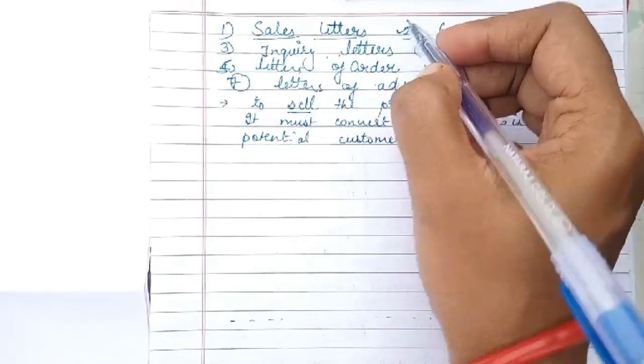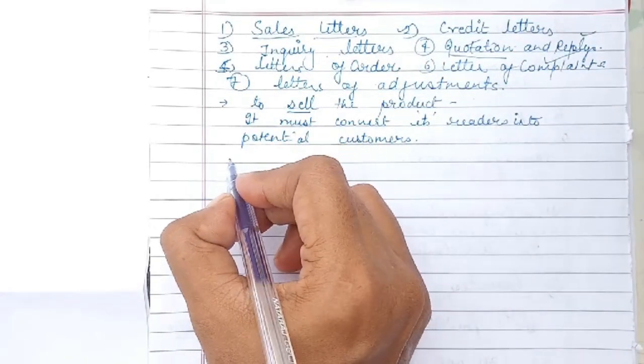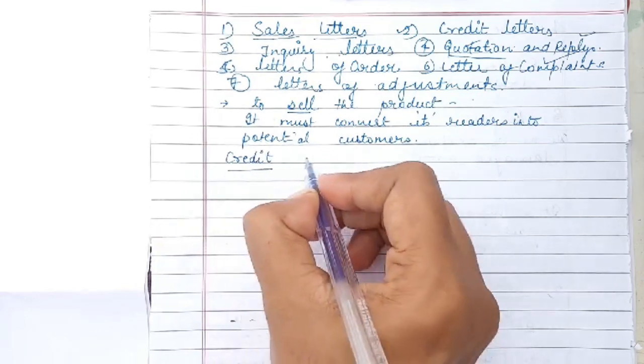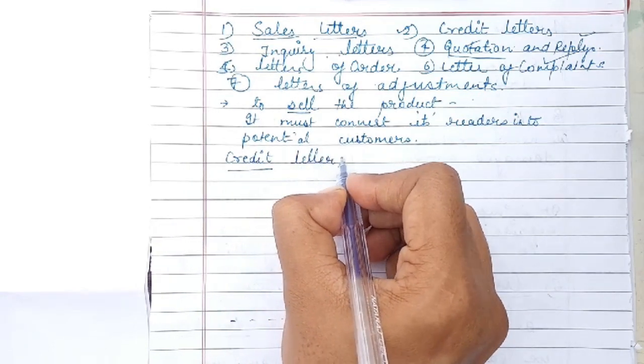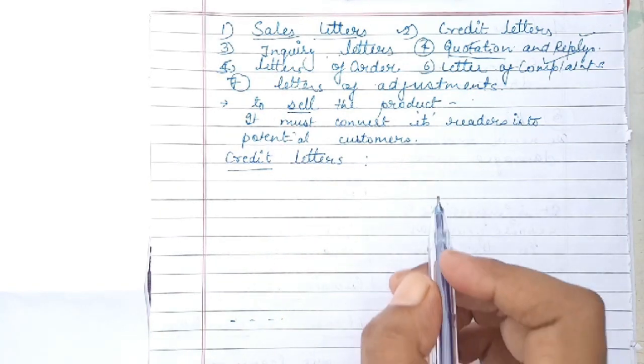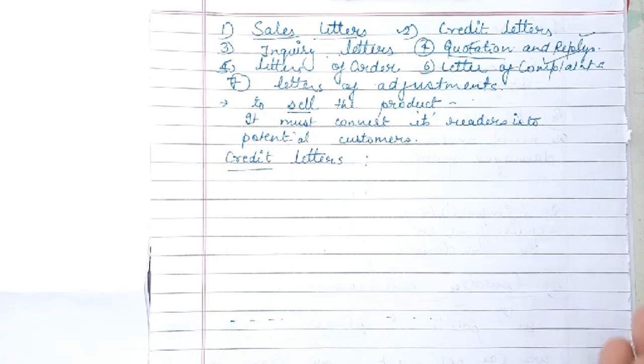Next is credit letters. Credit means that you pay later for what you buy now.